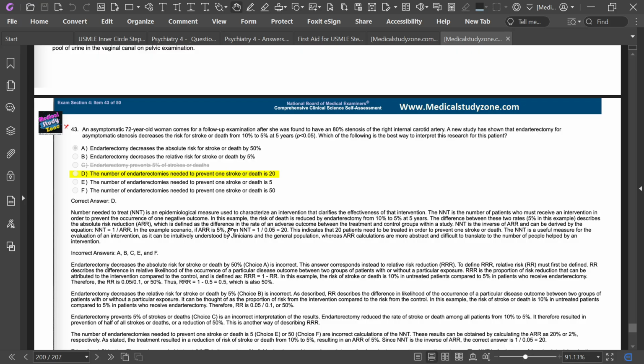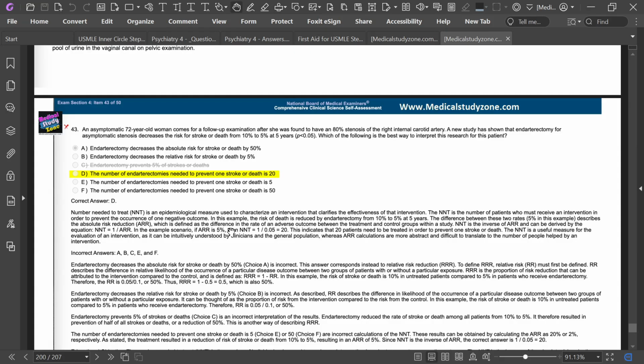This describes an absolute risk reduction, which is defined as the difference of the rate of adverse outcome between the treatment and the control groups of the study.